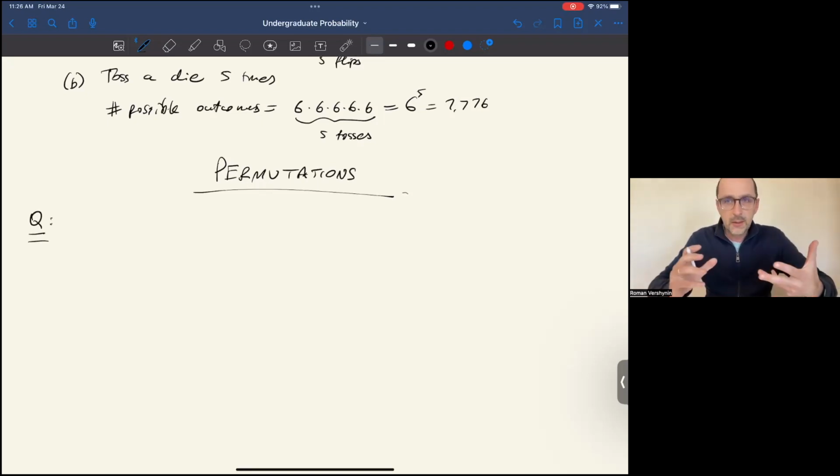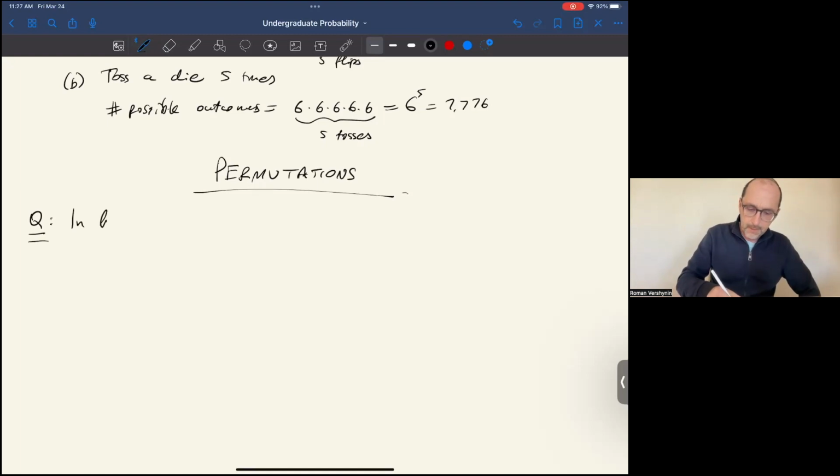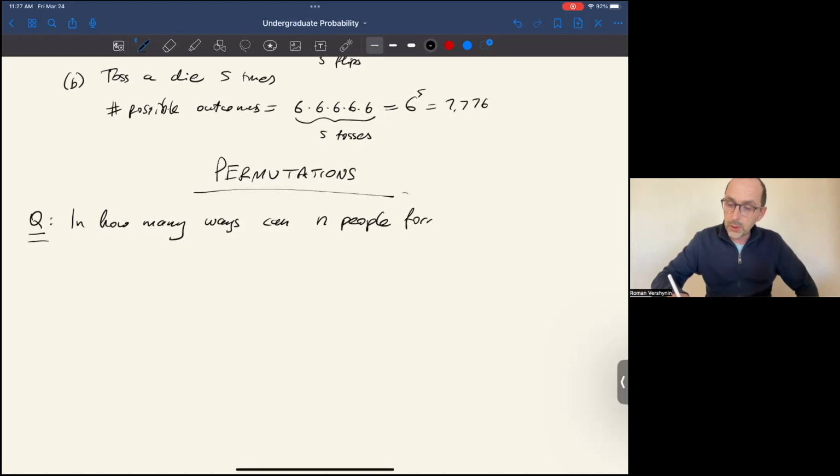Suppose we fly somewhere to a different country, to Europe maybe, and as we exit the plane, there are n passengers who exit the plane, they spontaneously form a line in front of the passport control, the border control. How many ways are there to form such a line? In how many ways can n people form a line?